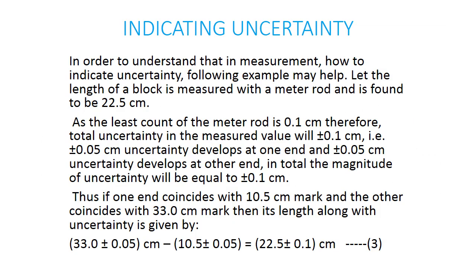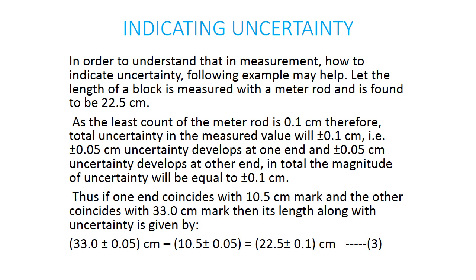Indicating uncertainty. In order to understand how to indicate uncertainty in measurement, the following example may help. Let the length of a block be measured with a meter rod and found to be 22.5 centimeter. As the least count of the meter rod is 0.1 centimeter, therefore the total uncertainty in the measured value will be plus minus 0.1 centimeter.